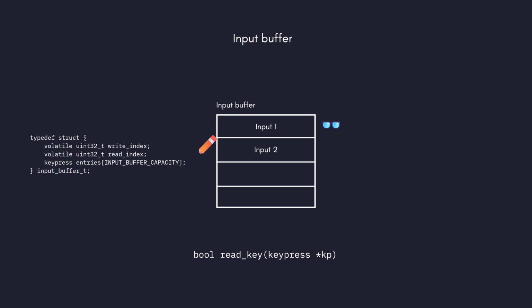So when read key is called, and there happens to be unprocessed input, then the read index will be advanced until that input is read, and the information for the latest input will be put into the keypress parameter. And the function will return a true.